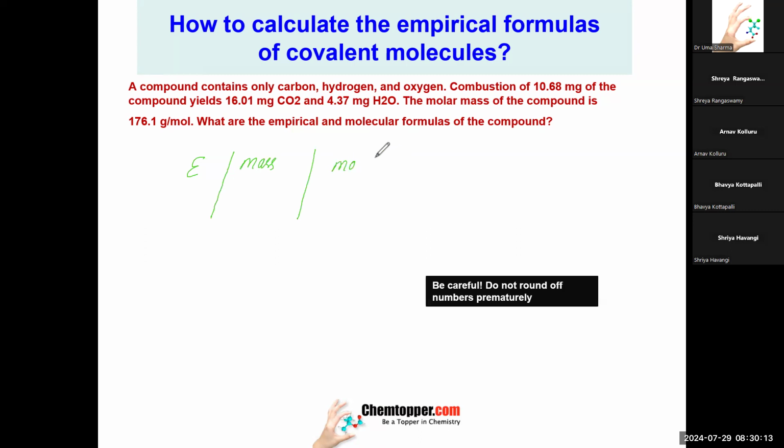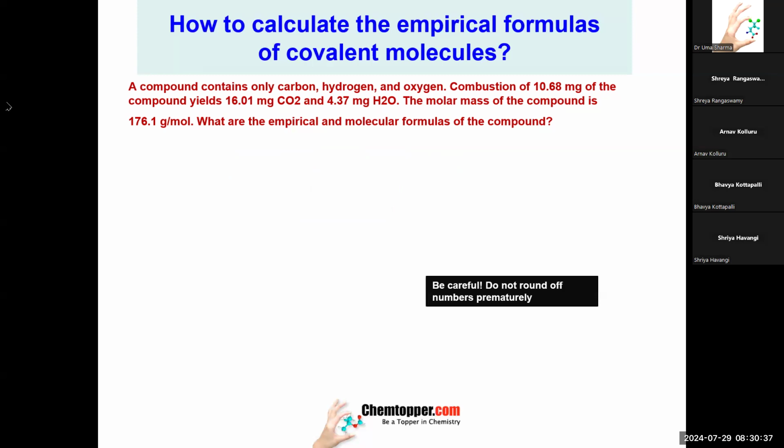Arnav and Bhavya, please start answering. And the fourth is ratio. Yes. So when you see these kinds of questions where they're asking for the empirical or molecular formulas, you first think about this table and start filling the columns.